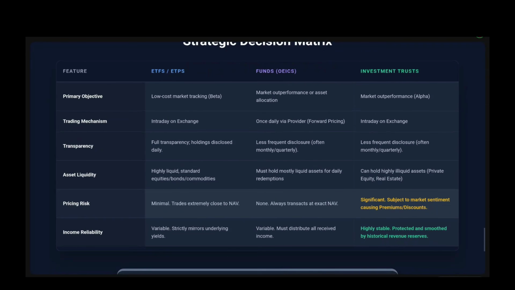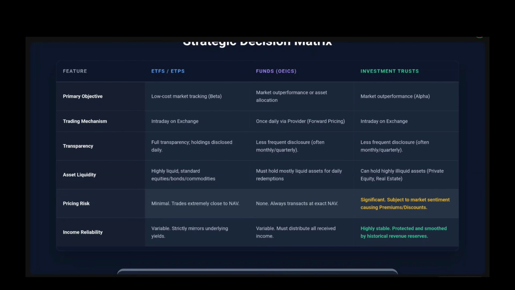From a transparency perspective, ETPs are fully transparent, with holdings disclosed daily. Funds have less frequent disclosure, often monthly or quarterly. Trusts, it's less frequent disclosure, often monthly and quarterly. If we look at liquidity now, ETPs are highly liquid: standard equities, bonds, commodities.